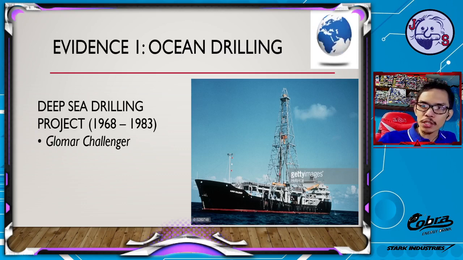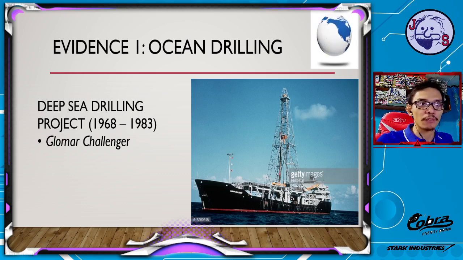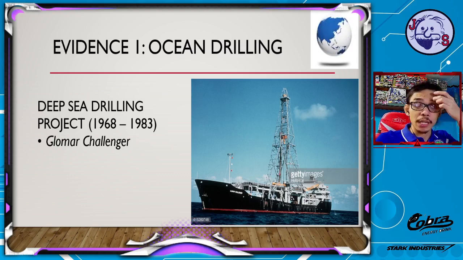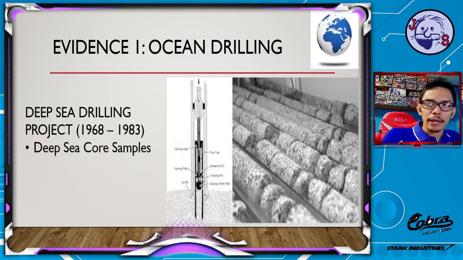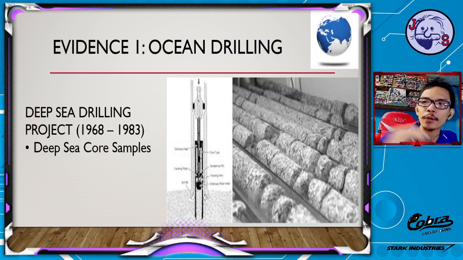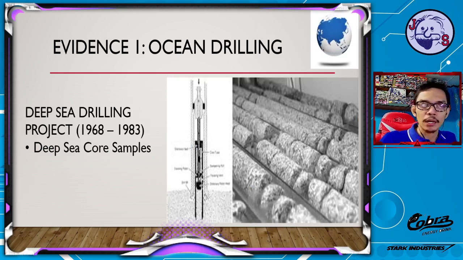As you can see, this ship is well equipped with a drill that is capable of drilling the ocean floor and getting samples. They wanted to know if the age of the seafloor is the same all throughout, and if the thickness of the seafloor is the same all throughout this planet. These are the core samples that they gathered during the length of the process.